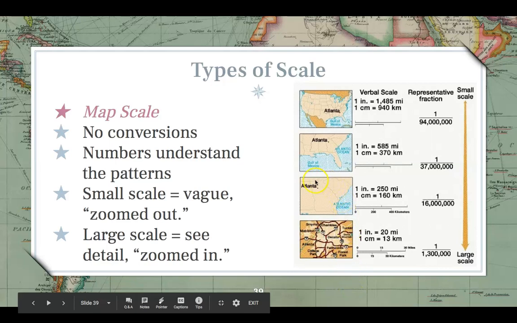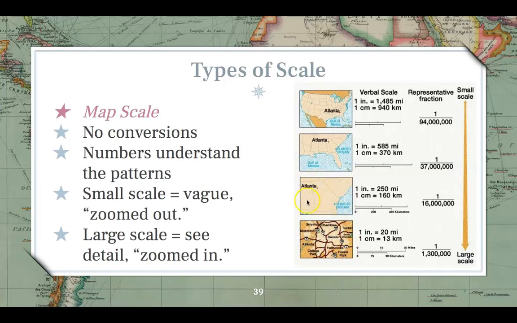And really, the map makers could have, with this image, put more cities and towns on the map of Georgia because they have the room now, whereas up here you can't fit more than just the word Atlanta, right? It already comes across all these other states. So again, the way that I like to think of it is a map like these, I get a small amount of information, whereas these I start getting larger amounts of information, thus it's large scale.